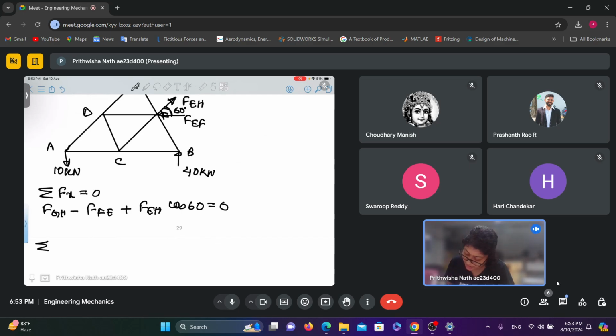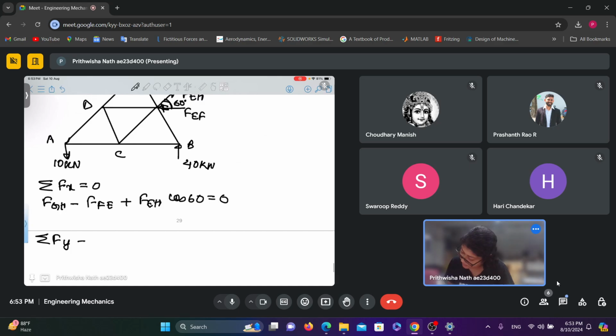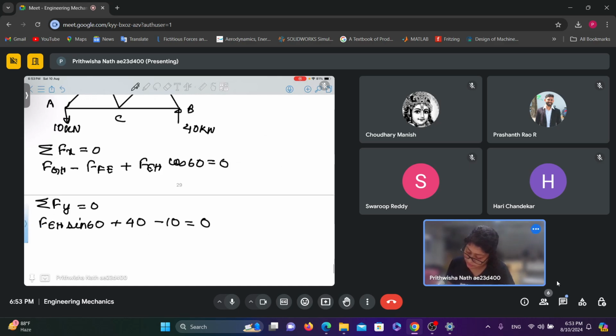Similarly, considering in the y direction, FEH sin 60 plus 40 minus 10 equals 0. FEH sin 60 equals to minus 30. FEH equals minus 30 by sin 60, which is equal to minus 34.64 kilonewton.